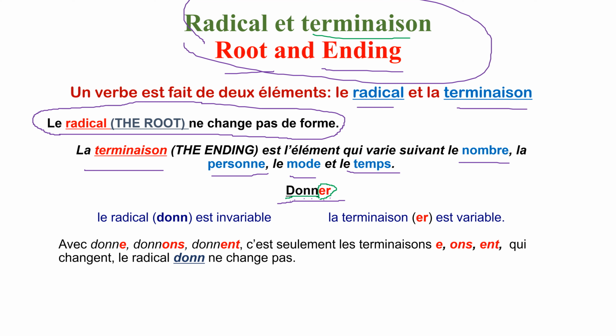It will always remain the same. So, le radical est invariable, la terminaison ER est variable. Avec donne, donnons, donnent, only the ending E, O-N-S, E-N-T will change. The root D-O-N-N will not change.